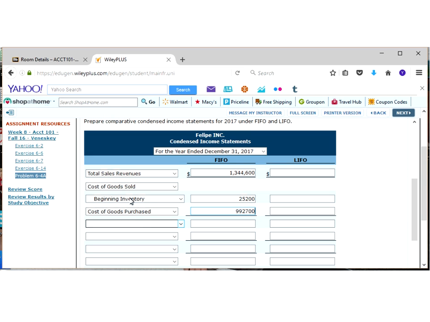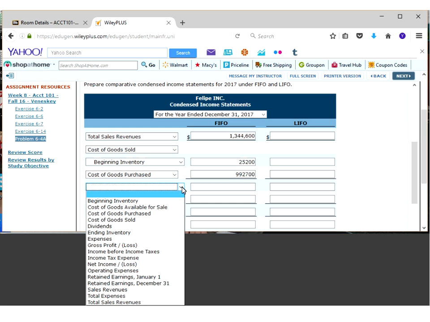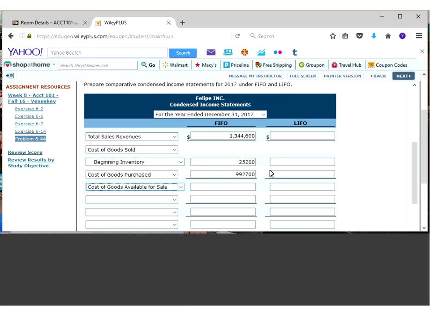And if you go back to my previous lecture, beginning inventory plus purchases, and this is my net purchases because it would have included any returns or any extra shipping costs, will tell us how many goods I actually had available for sale at the highest possible point when I add up these two.